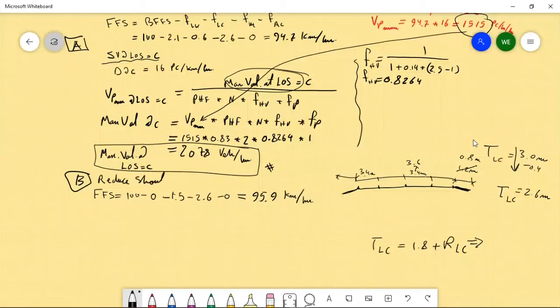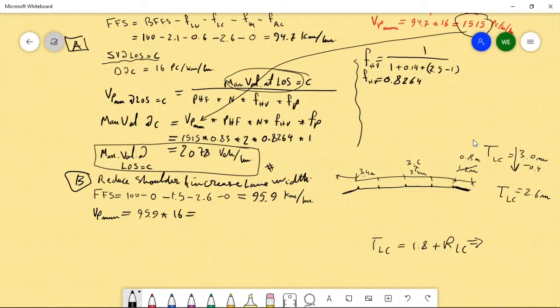Reduce shoulder and increase lane width. So the VB max equals 95.9 multiply 16.